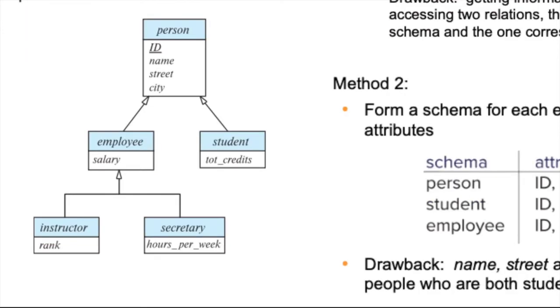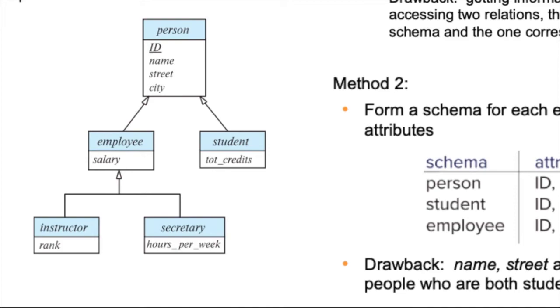Another way of looking at this is classification of the different entity sets. However, for a particular class, you can have special attributes associated with it. So, if a particular person is a student, you can include information like the total credits. If the person is an employee, then you can also add the salary of the employee.